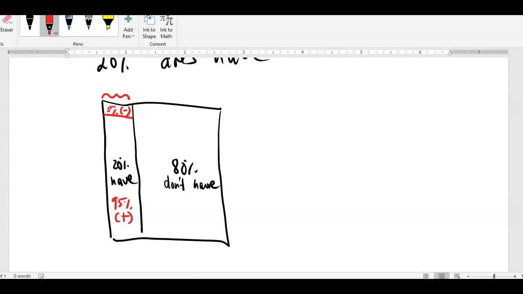The whole unit is the 20%, and we're saying that 95% of the 20%, or 0.95 of the 20%. So we're going to split the 20% up into 95% and 5%.